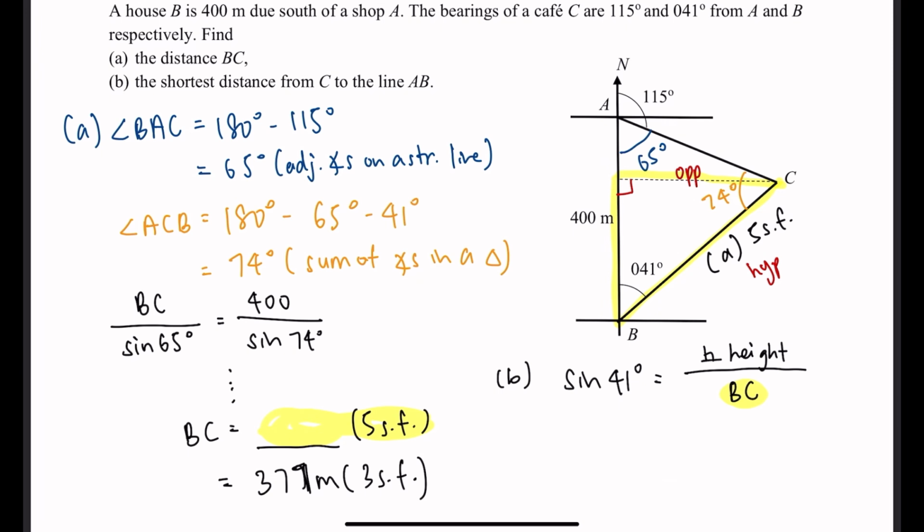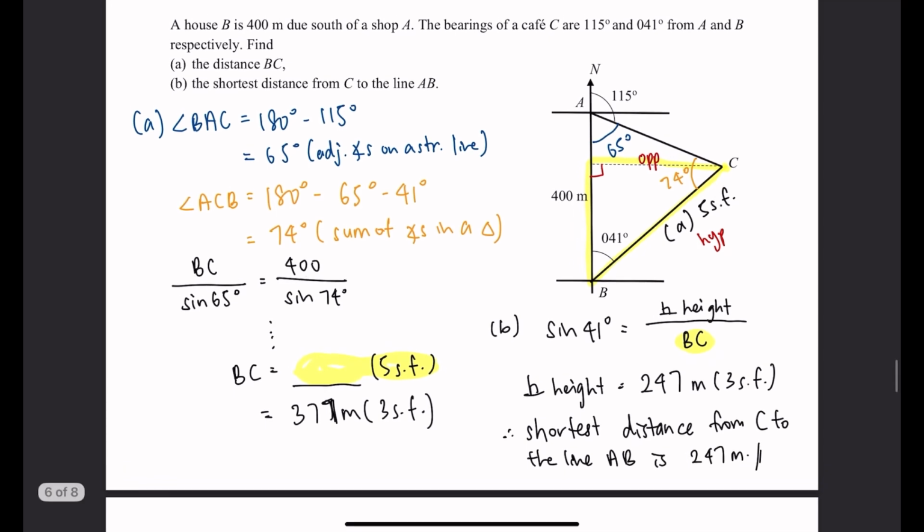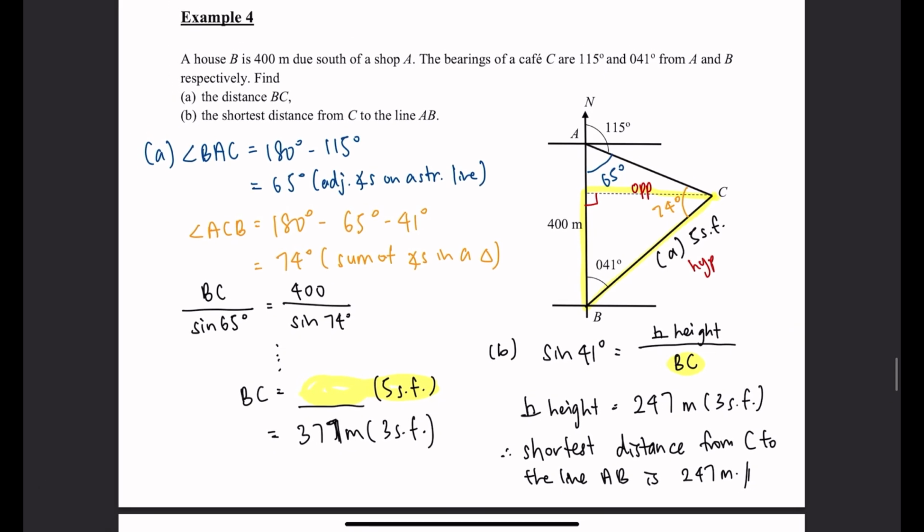So the perpendicular height, you will get to 3 SF, 247 meters. Please help me to write your final statement. Shortest distance from C to the line AB is 247 meters. So this is how you do example 4.